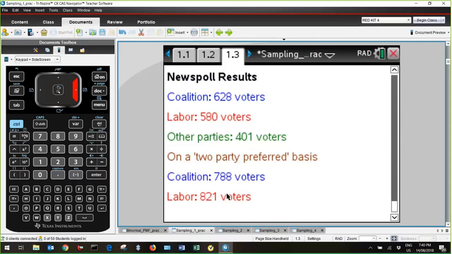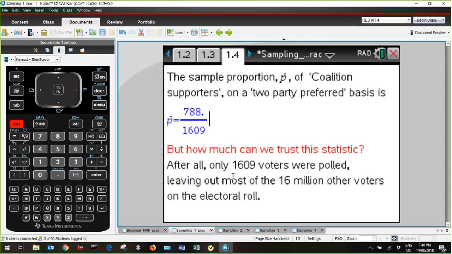On a two-party preferred basis, 788 voters favoured the coalition out of the 1,609. So the sample proportion, which we call p hat, of coalition voters on a two-party preferred basis, is that fraction there, which is a p hat value of about 0.45.